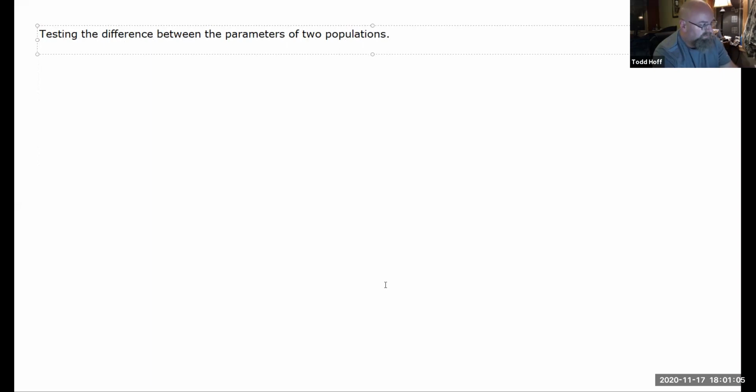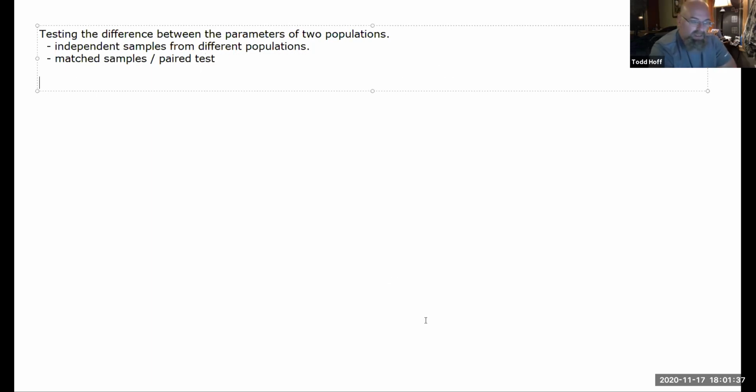Most of the time, what we're going to be doing is independent samples from different populations. But there is one process we will do that is matched samples, what we call paired samples, a paired test, in which there's actually a link between the two samples. They're not necessarily independent. We'll look at that when we get to it.